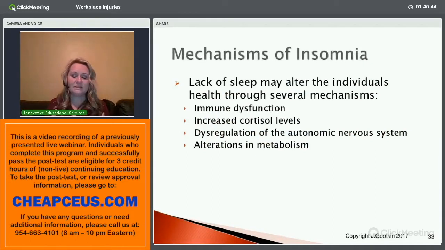If we consider the mechanisms of insomnia, if we are not sleeping, we see that our immune system has impaired ability to function, that we have decreased neurotransmitter control of our mood, that our insulin levels become altered, our body is not as responsive, appetite changes tend to be induced, because our glucose tolerance is altered. So that leads to maybe not eating well and obesity, and thyroid hormones can become altered.